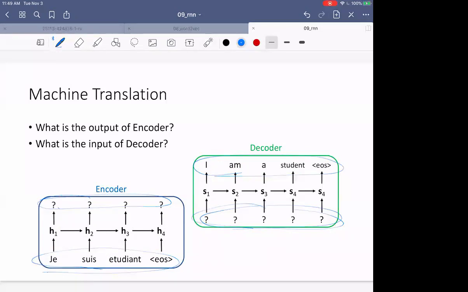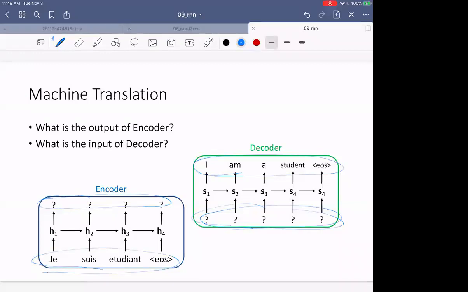Any takers? Context, latent, specific number. Specific number, what? Latent vectors. I guess all the answers are indicating some latent vectors. Those are very short answers, so it's hard to understand what you mean actually.